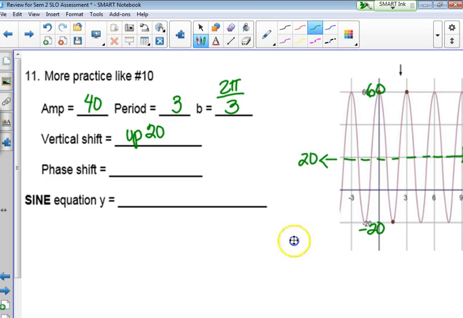All right. Now the phase shift for this one is a little tricky. Here in between, what's halfway to 3? So this is 1.5, or this one right down here, this dot is negative 1.5. Halfway to negative 1.5 would be what?